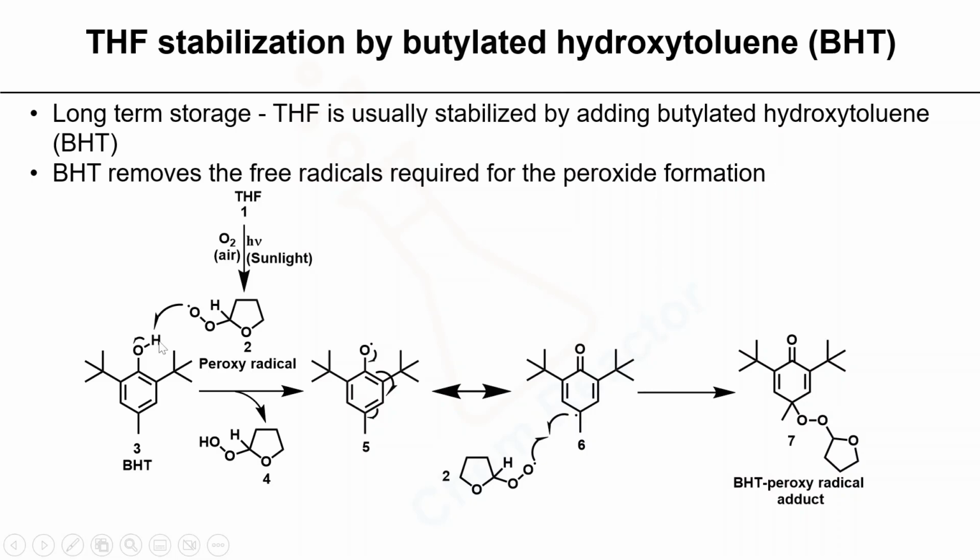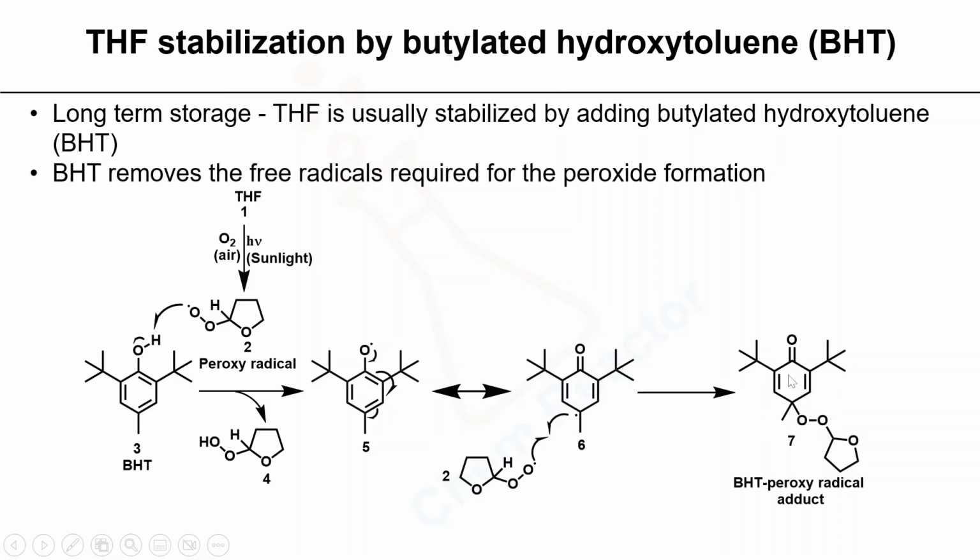the hydrogen radical from this BHT and forms an intermediate BHT radical as well as a hydroperoxide. This BHT radical rearranges to this intermediate 6, and then this intermediate quenches another peroxy radical and forms the BHT peroxy radical adduct.